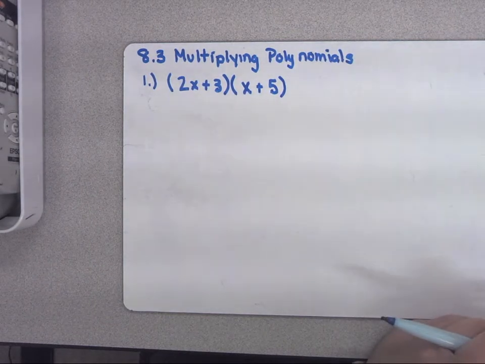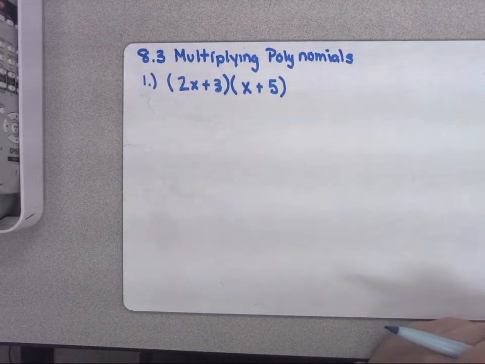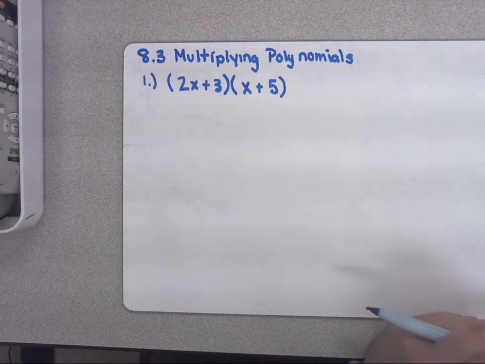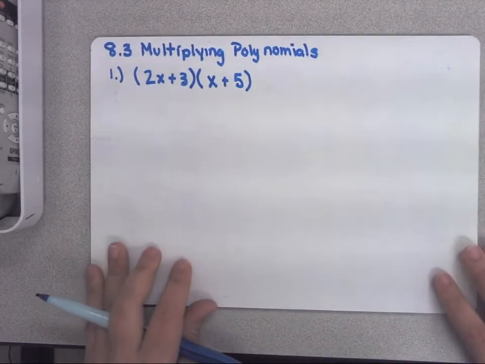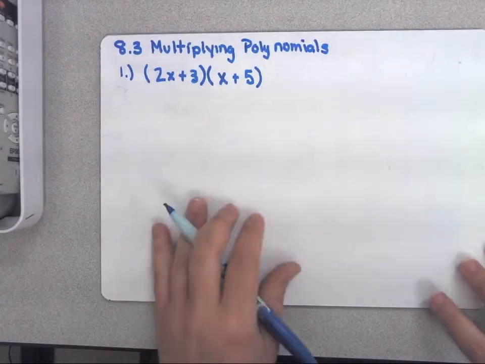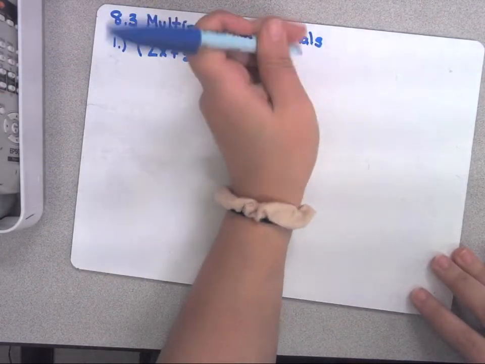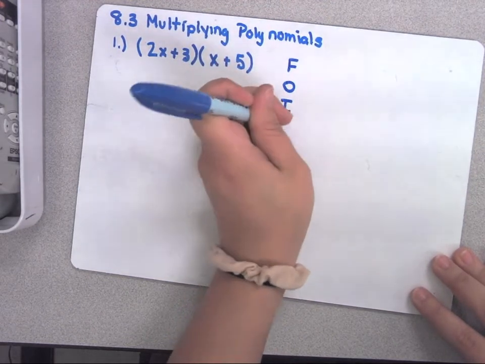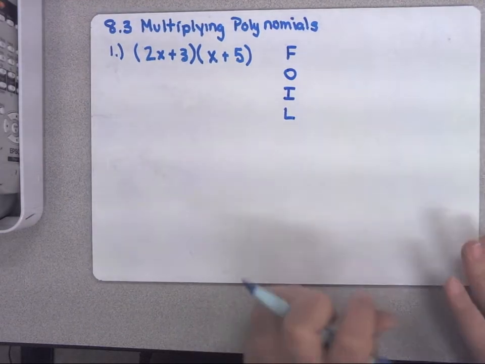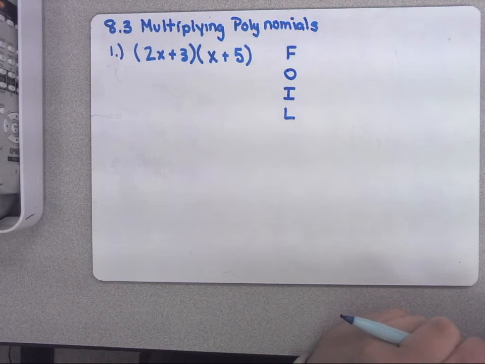Do you know what that is called? No. It's a form of distributing, actually. But it has a special saying. I'm going to write it here. It's called FOIL. Did you get to learn that last year?